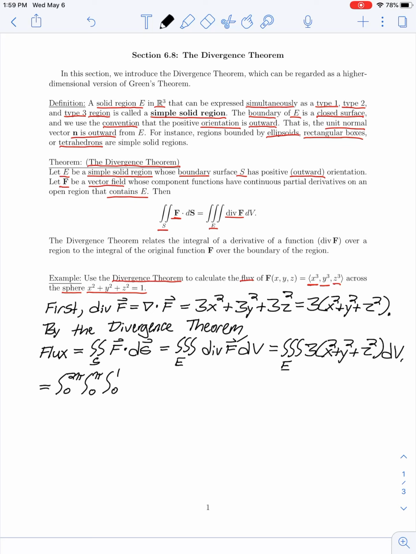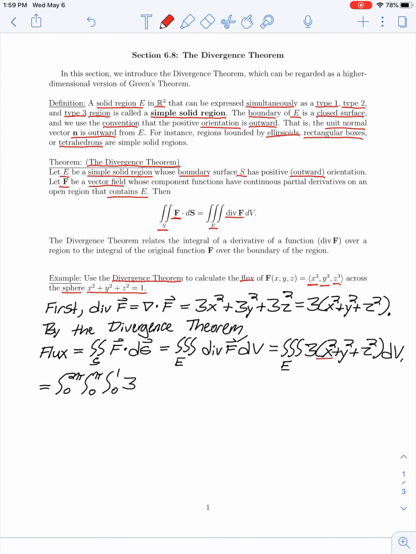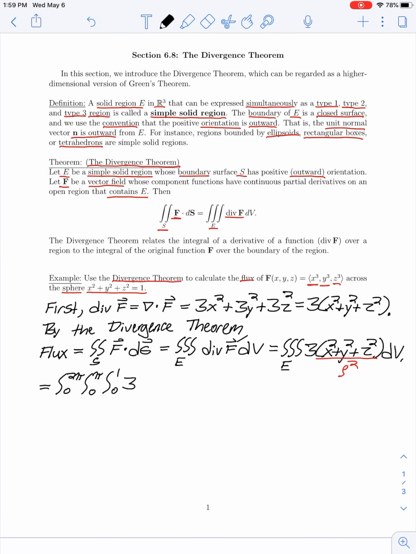And now let's convert our integrand to a function in terms of spherical coordinates. So we had a constant 3, and then the sum of x squared plus y squared plus z squared in terms of spherical coordinates is rho squared. So we have rho squared.